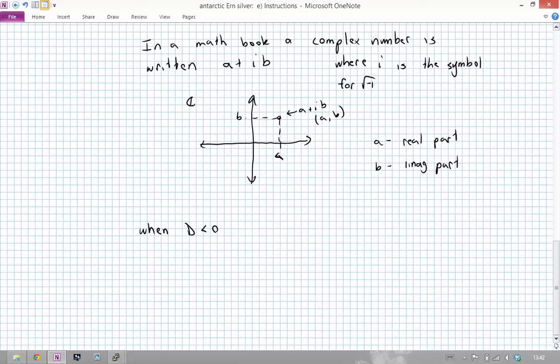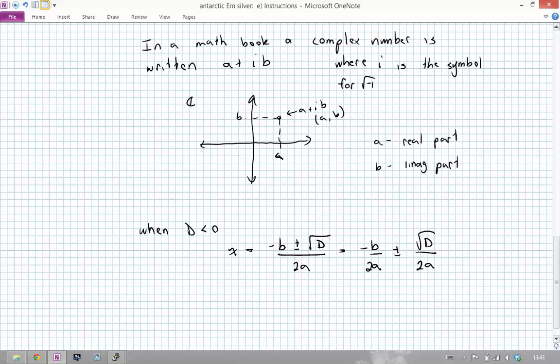The quadratic formula says that the solutions are given by negative b plus or minus the square root of d over 2a. I'm going to break this up into negative b over 2a plus or minus the square root of d over 2a. That's basic algebra. I just take the 2a and divide it into b, and divide it into the square root of d.